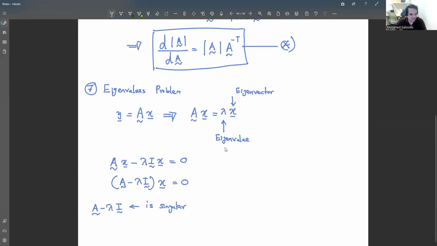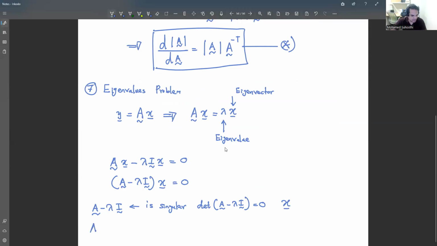You know what singular means: the determinant of A minus lambda I is 0. If it is singular, then x can be anything. No matter what x is, this equation will be satisfied.